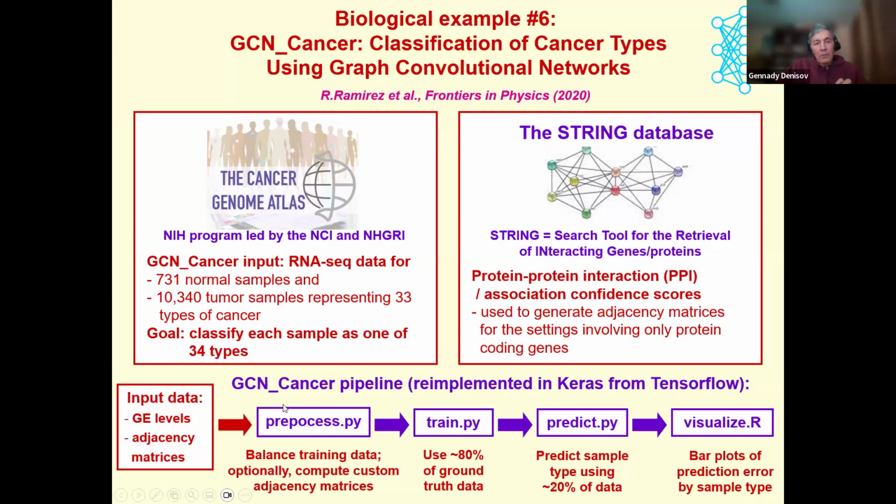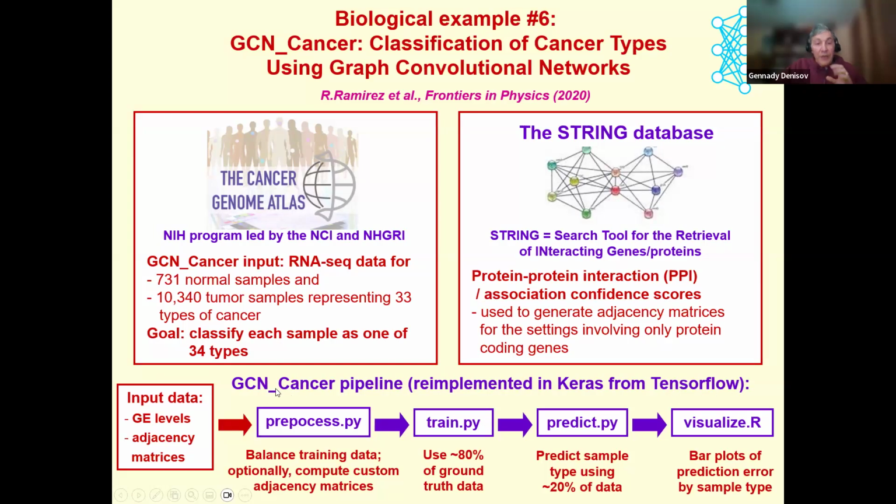The application GCN cancer is now a separate module installed on Beowulf, and it is re-implemented from the original version available on GitHub and published in this paper, initially implemented in TensorFlow.